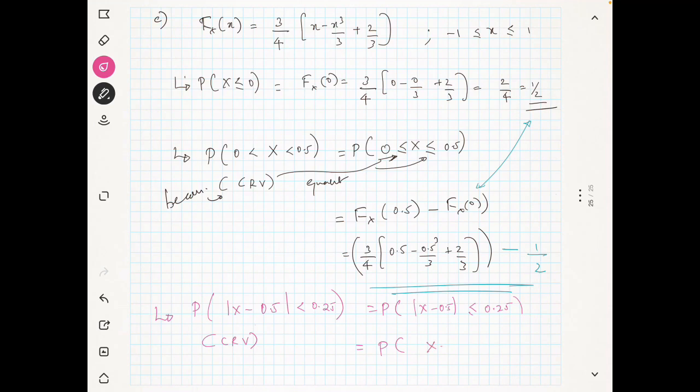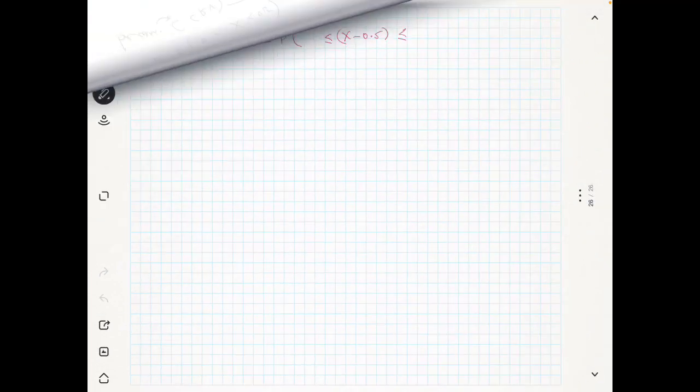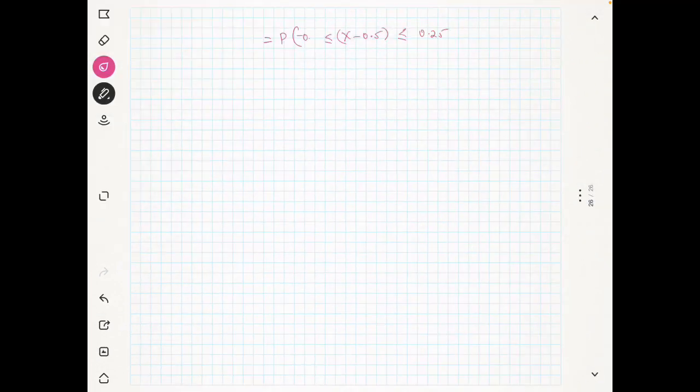So this is nothing but the probability that x minus 0.5 is between 0.25 and minus 0.25. Okay, this is what we have seen. I will rewrite it for the convenience, 0.25 and minus 0.25.